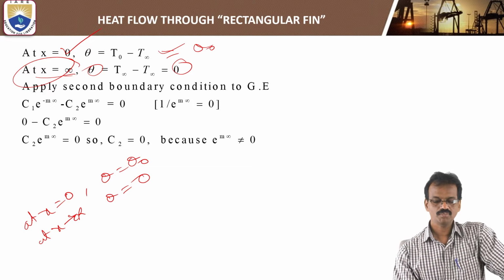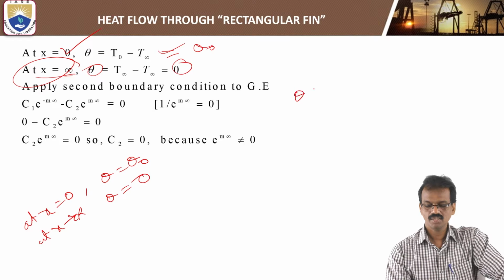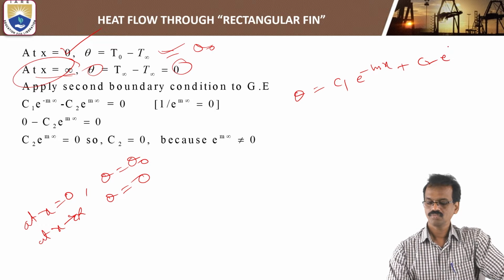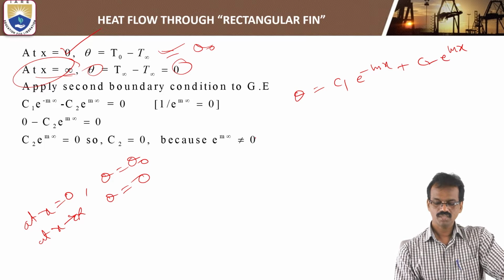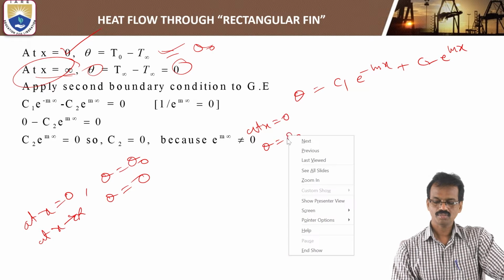If you apply the first boundary condition, you know that the general equation is theta is equal to C1 e to the power of minus mx plus C2 e to the power of mx. What is the first boundary condition? At x is equal to 0, theta is equal to theta naught.